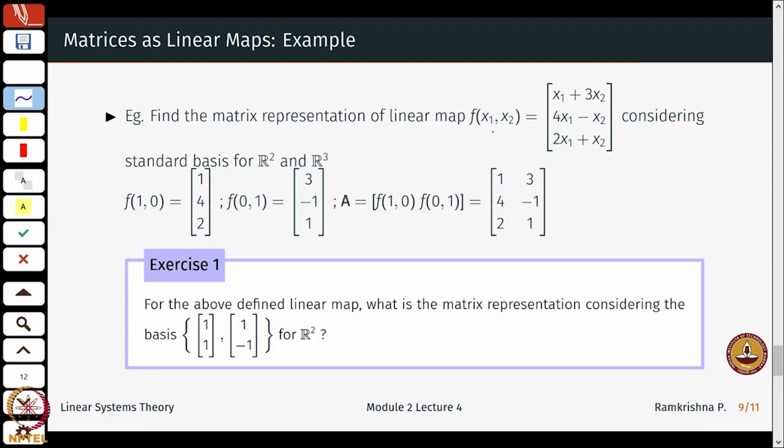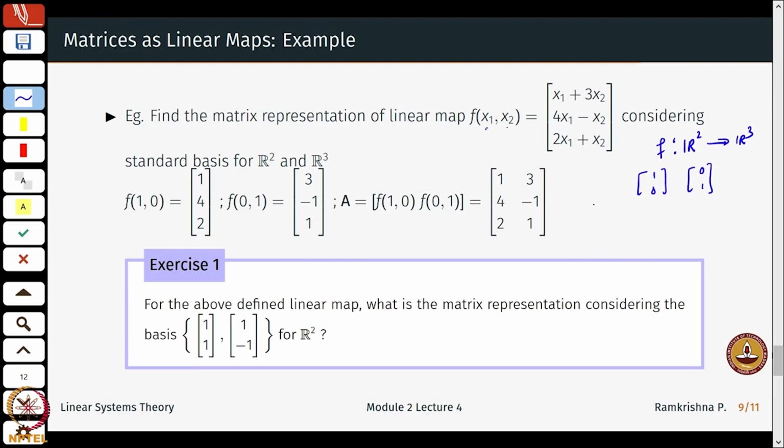So, I have a linear map f of x1, x2. This is like a map from R2 to R3, and I want to find out how the standard basis in R2 transform under this f here. Okay. So, what are the standard basis in R2? I have 1 0 and I have 0 1.